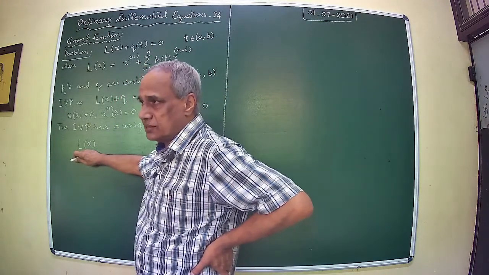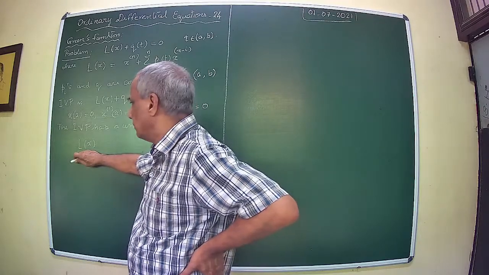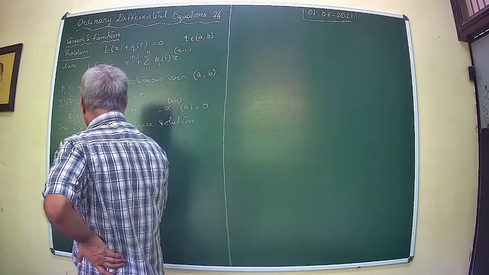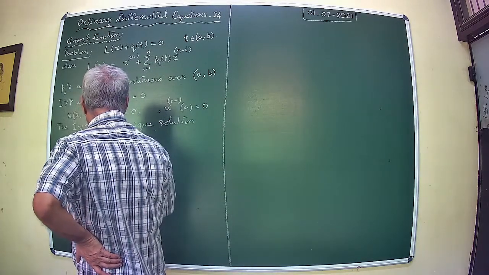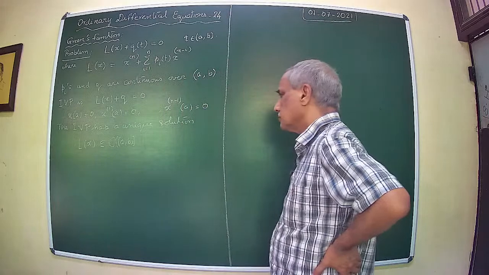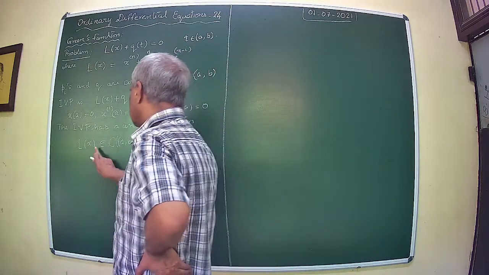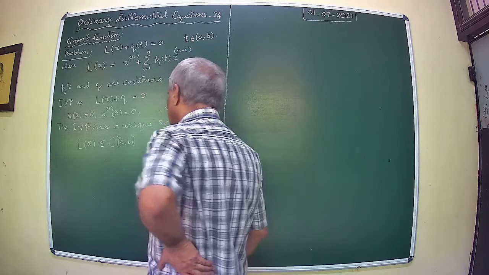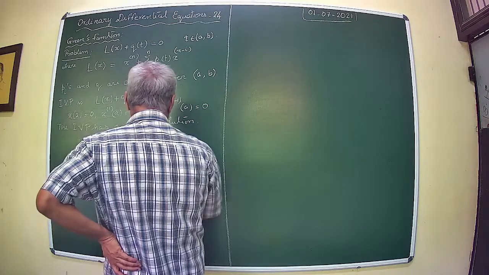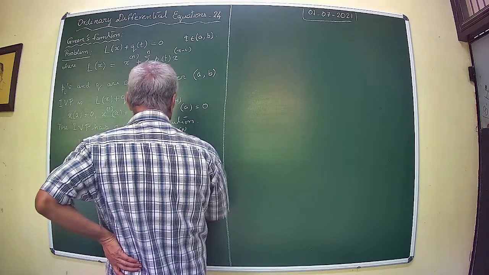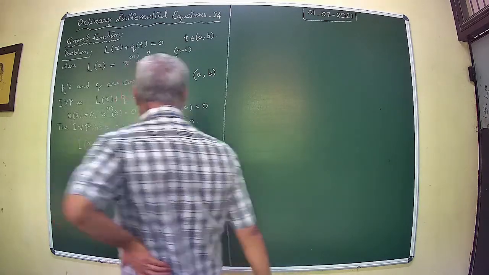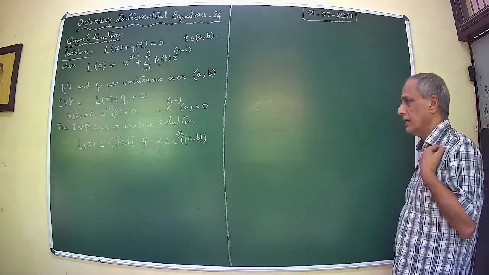For a Cn function, an n times continuously differentiable function, Lx gives you a function in C[a,b] for every x belonging to C^n, that is, n times continuously differentiable functions on [a,b].